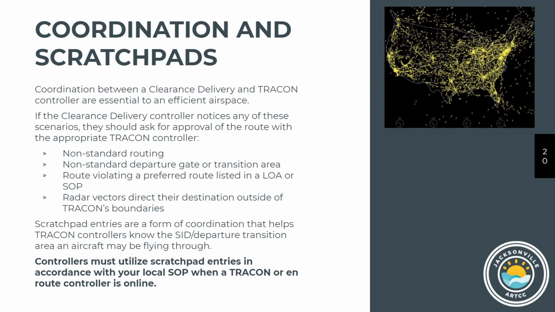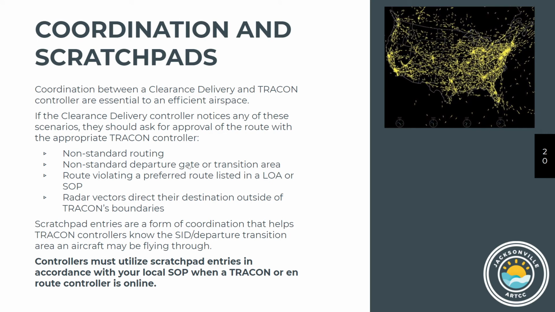And they'll be in the SOPs. So when you get to the TRACON or the en route controller portion, those letters of agreement will be given to you, and you'll need to know what those particular route changes are. It's very helpful to know them as a clearance delivery person so you get the route corrected.